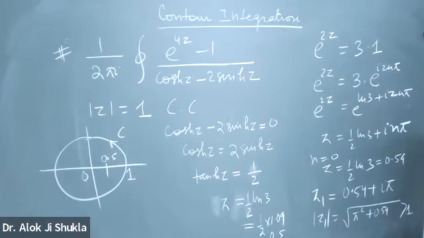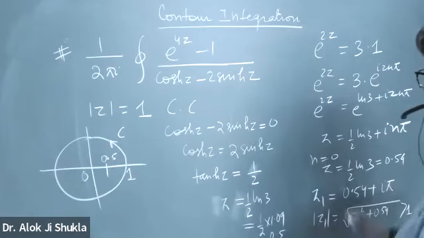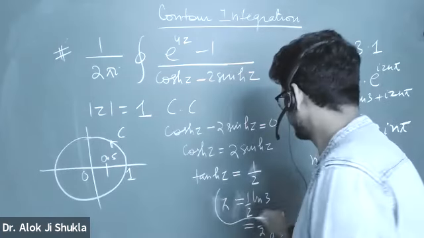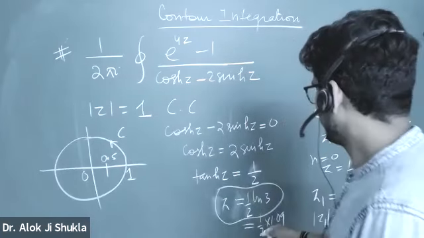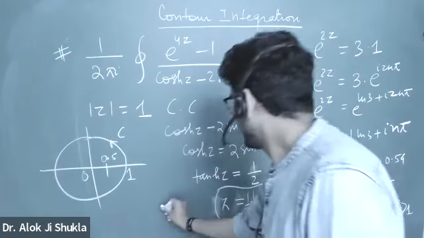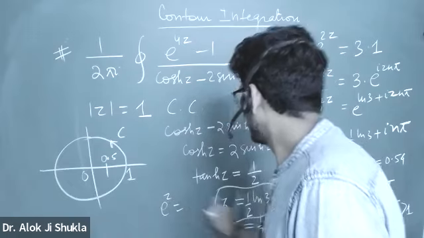Now you have only one pole, that is z equal to this, or the pole may be written in this form also, that e to the power z is equal to what?